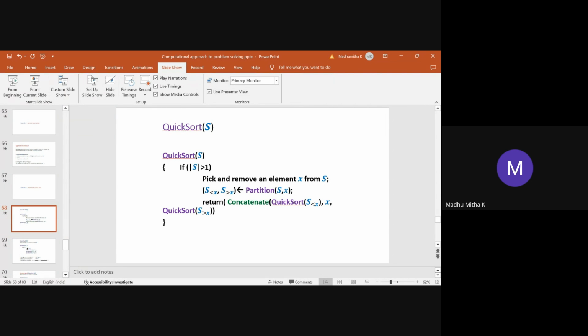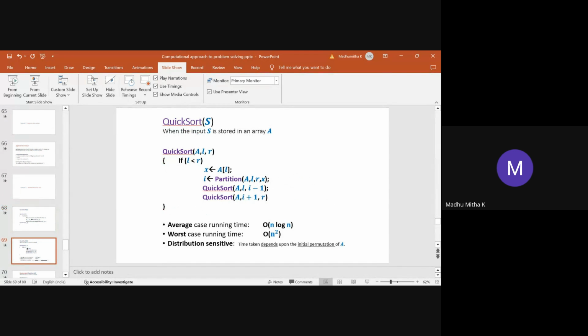This is just the code for the quicksort algorithm, where when your sample size is greater than one, you pick an element, set a pivot element, sort the two parts and concatenate them to form the quicksort.